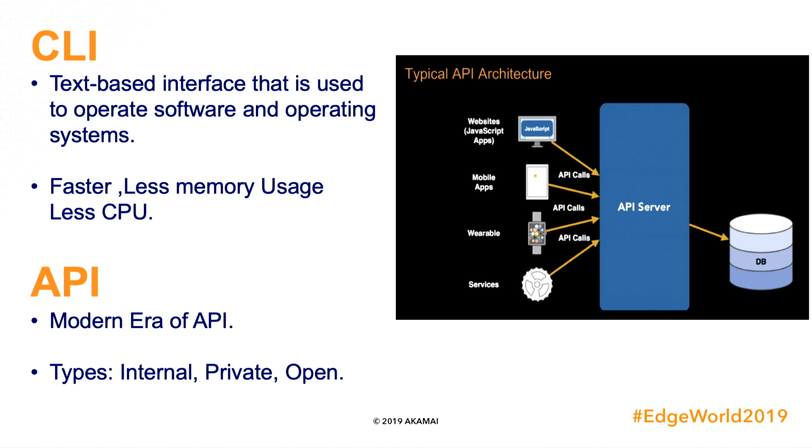This is how a typical API architecture would look like. The result of an API call is in human readable form, but API itself is just machine-to-machine talking. When you make an API call, there are continuous requests sent to the API server, and then the API server does the work of checking back with the database and giving you the result in human readable form.